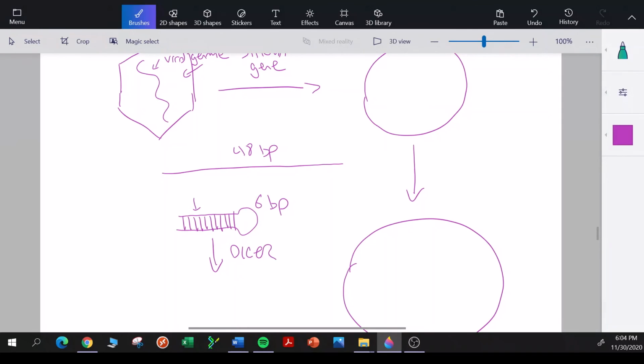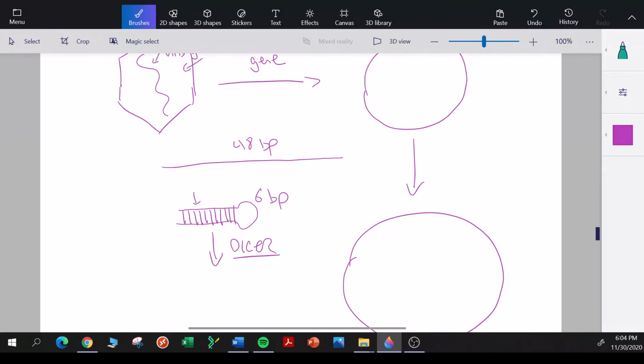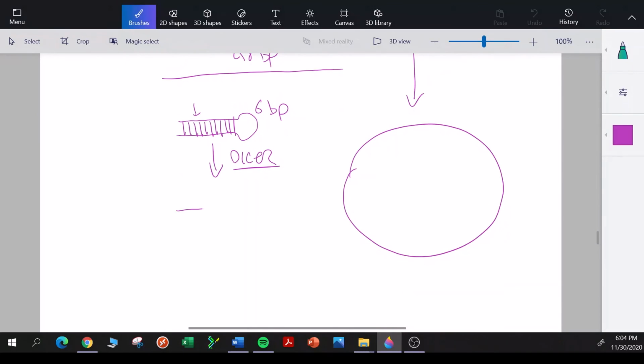Dicer, which is in all mammalian cells, is going to chop that into a small interfering RNA that can be incorporated into the RISC complex.